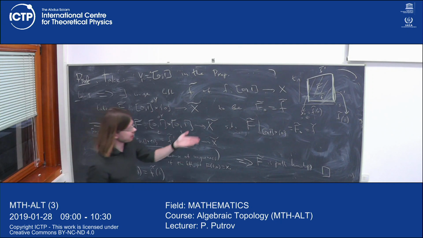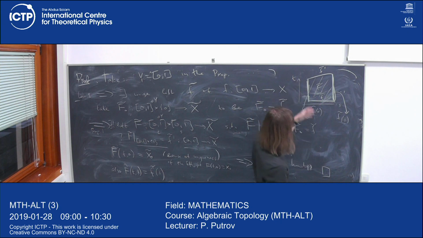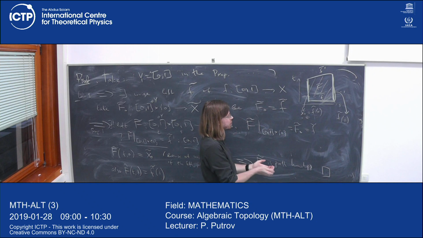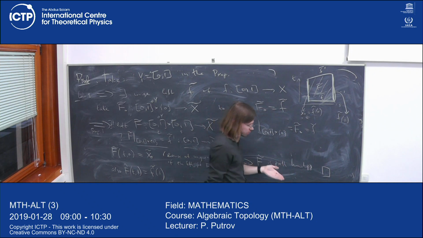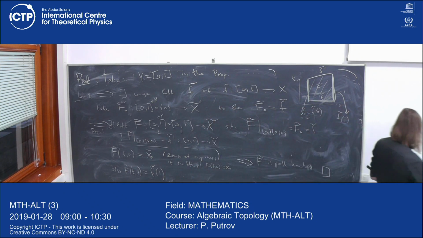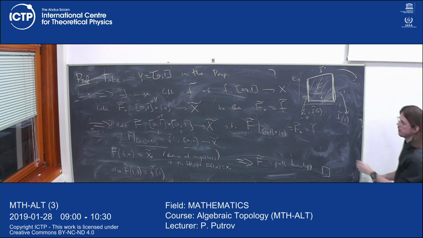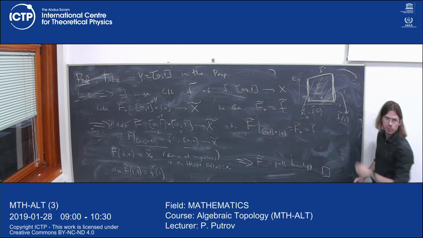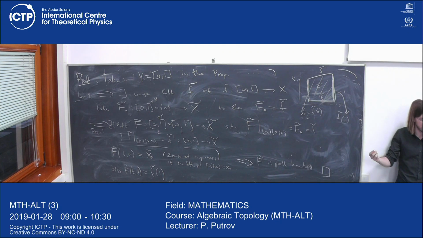It's not just an arbitrary lift. From the result of the proposition, it's obvious that there is a unique lift. But we also show that the lift is not just an arbitrary function from the square to X tilde, but it can be understood as a path homotopy. The condition that this is a path homotopy is that all these edges map to the same points, which are fixed endpoints.